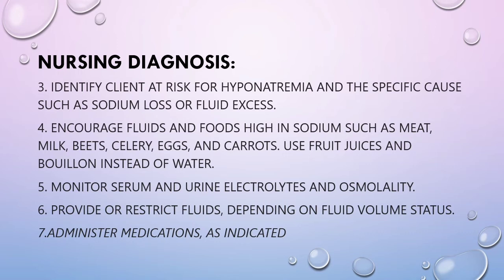The fourth is to encourage fluids and foods high in sodium, such as meat, milk, beets, celery, eggs, and carrots. Use fruit juices and bouillon instead of water. The fifth is to monitor serum and urine electrolytes and osmolality.